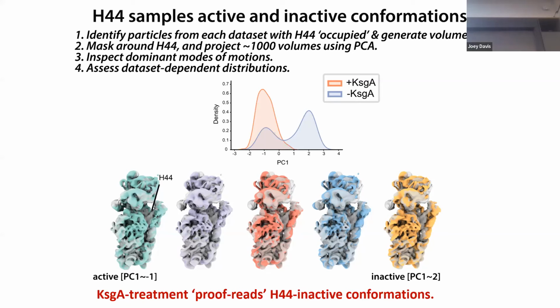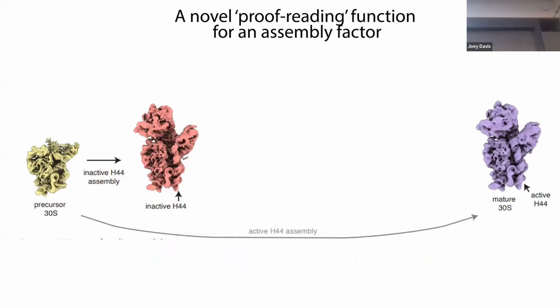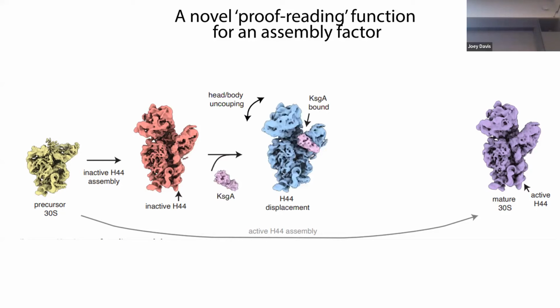So this is actually consistent with this notion of kinetic proofreading that we see in a bunch of other enzymes. You can have pathways that give rise to malformed structures, and those malformed structures are specifically recognized, disassembled, and then given another chance. And that's the model that we come up with out of this. You have precursor particles, they partition, some can mature on their own, but many of them form this inactive helix 44.